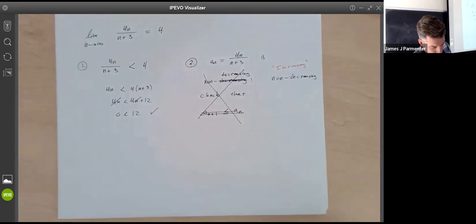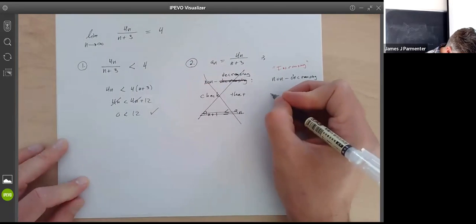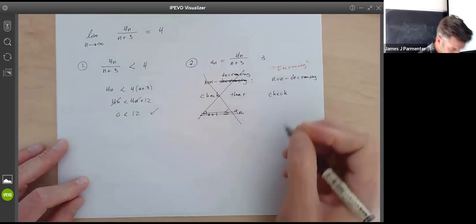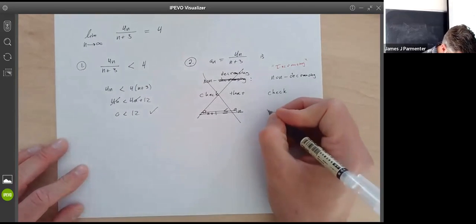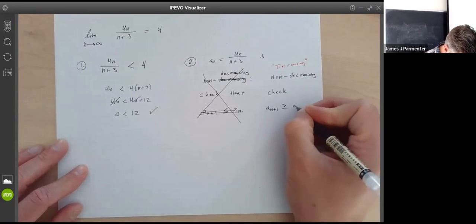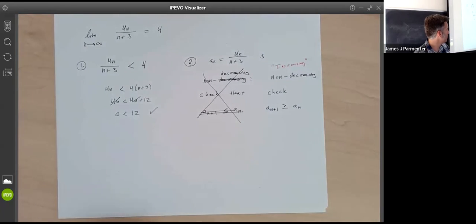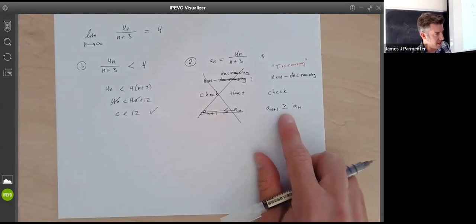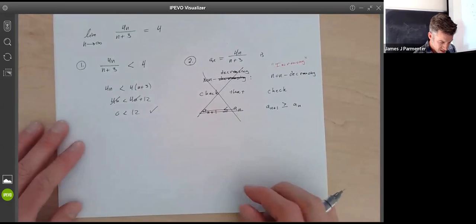So we're going to check that the next term, a sub n plus 1, is bigger than or equal to the previous term, a sub n. If it was just increasing, we wouldn't have the equal part.